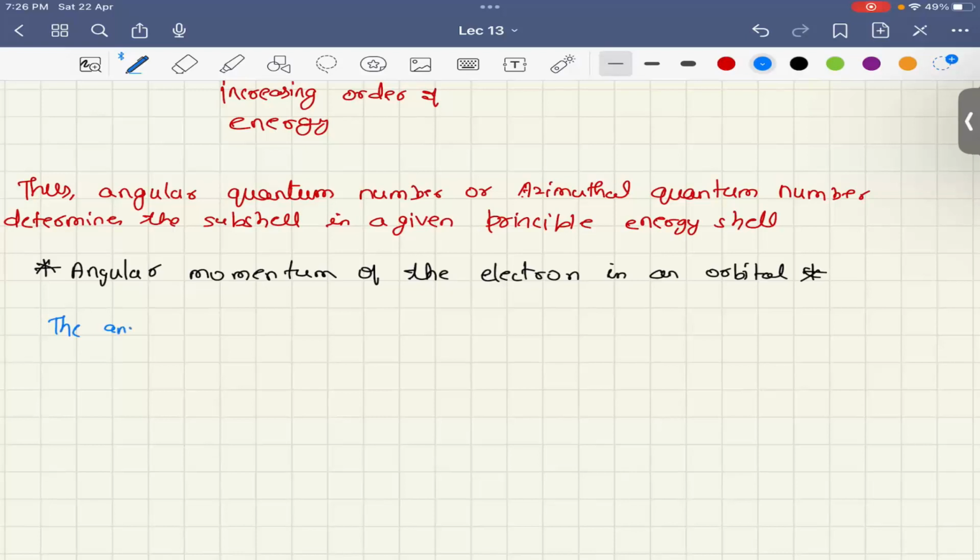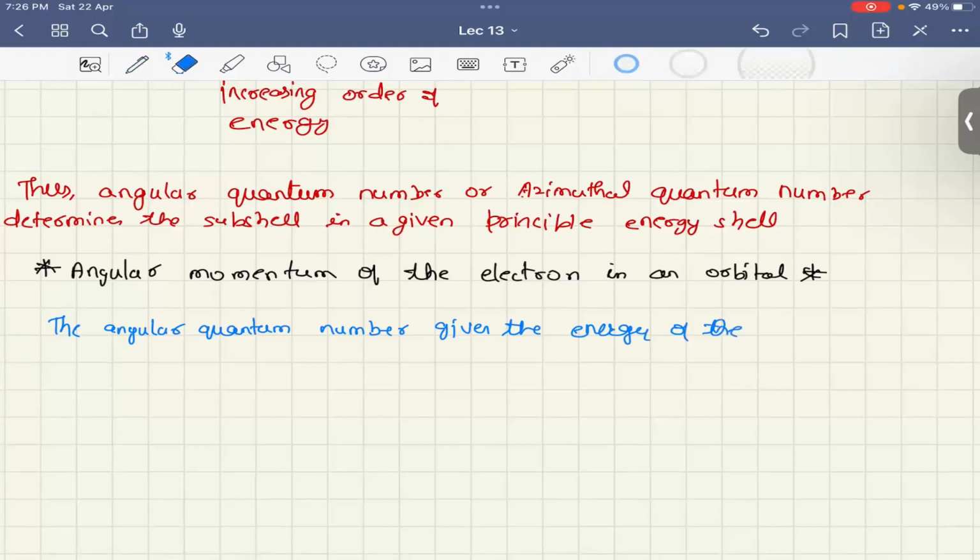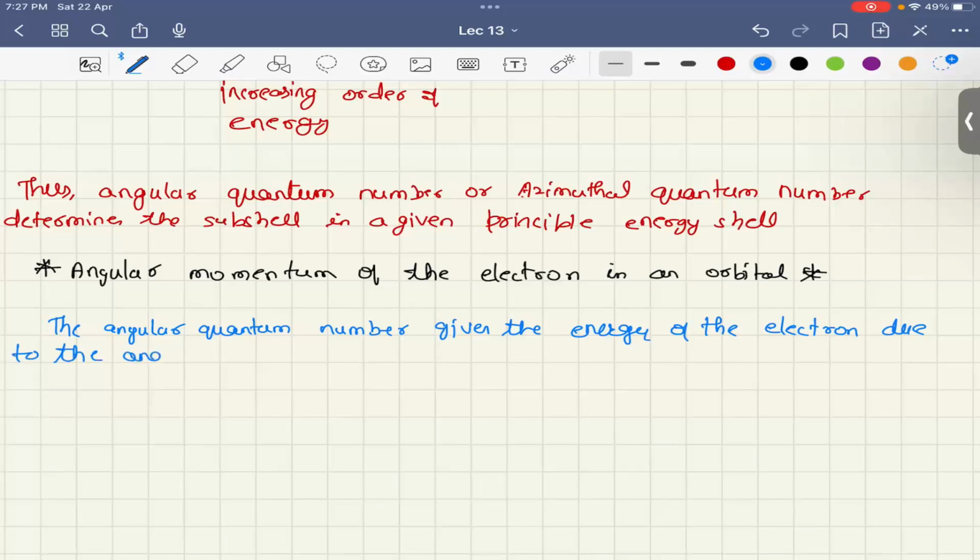The angular quantum number, which is nothing but the azimuthal quantum number, gives the energy of the electron due to the angular momentum of the electron.